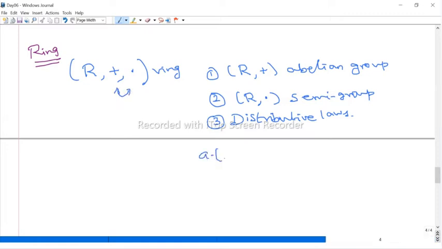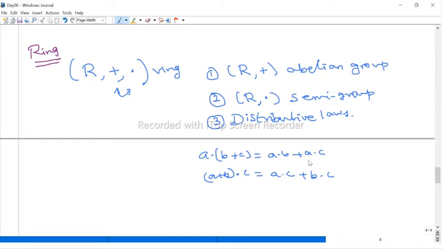That is, A into B plus C equals A into B plus A into C. Otherwise, A plus B multiplied on the right by C is nothing but A into C plus B into C. This is the relation between addition and multiplication.